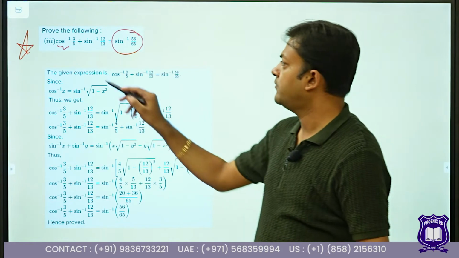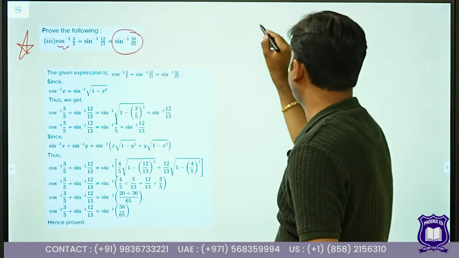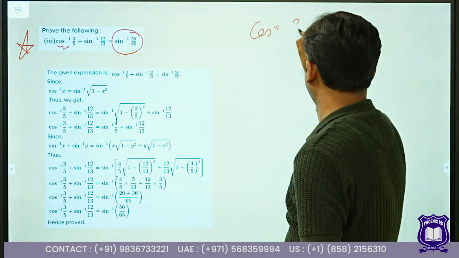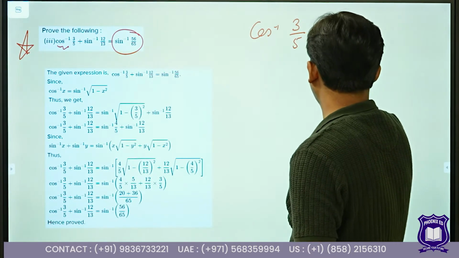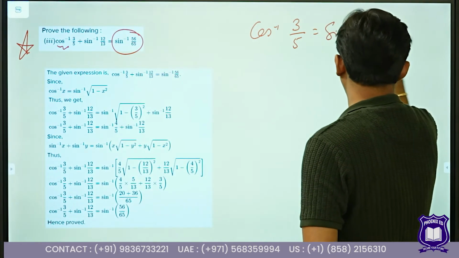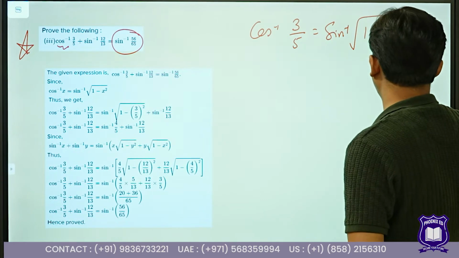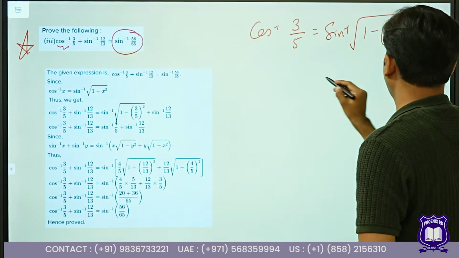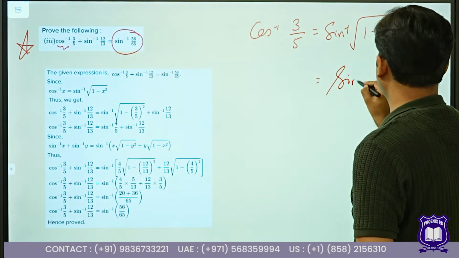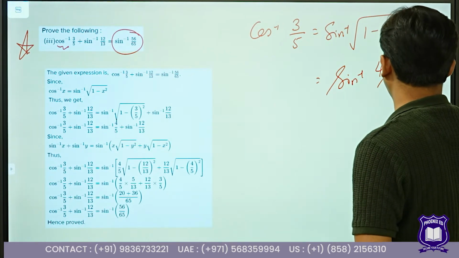To solve that, we have cos inverse 3 by 5 can be written as sin inverse root over 1 minus 3 by 5 whole square, which happens to be sin inverse of 4 by 5.